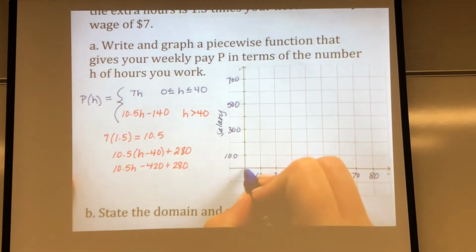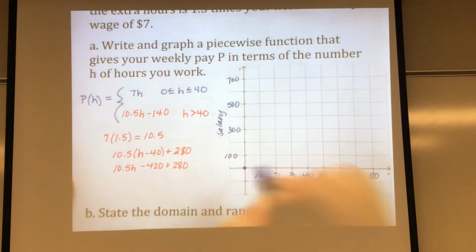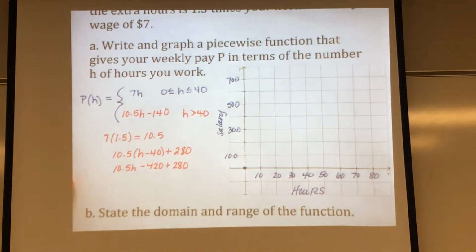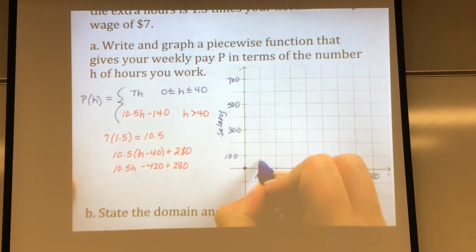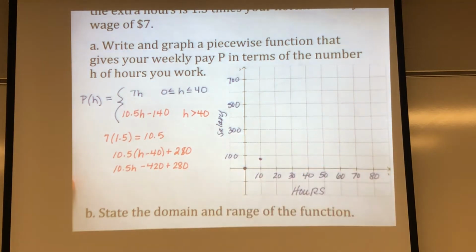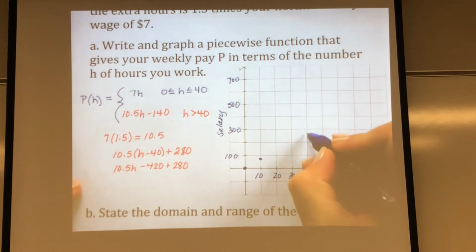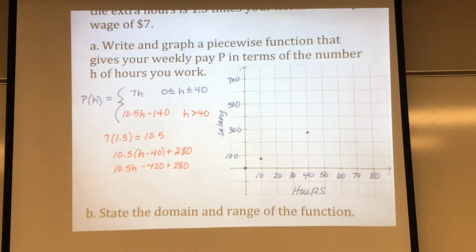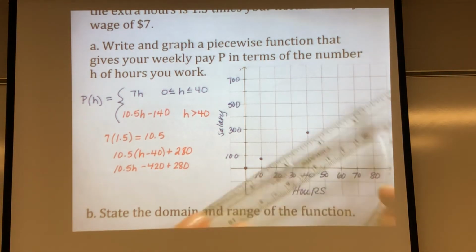So obviously if we worked 0 hours, we would get $0. 10 hours, 10 times 7, that would be $70. We can keep working that from there. We already figured out that 40 would be 280. And because this is a linear equation, those dots that we plotted should be in a straight line.